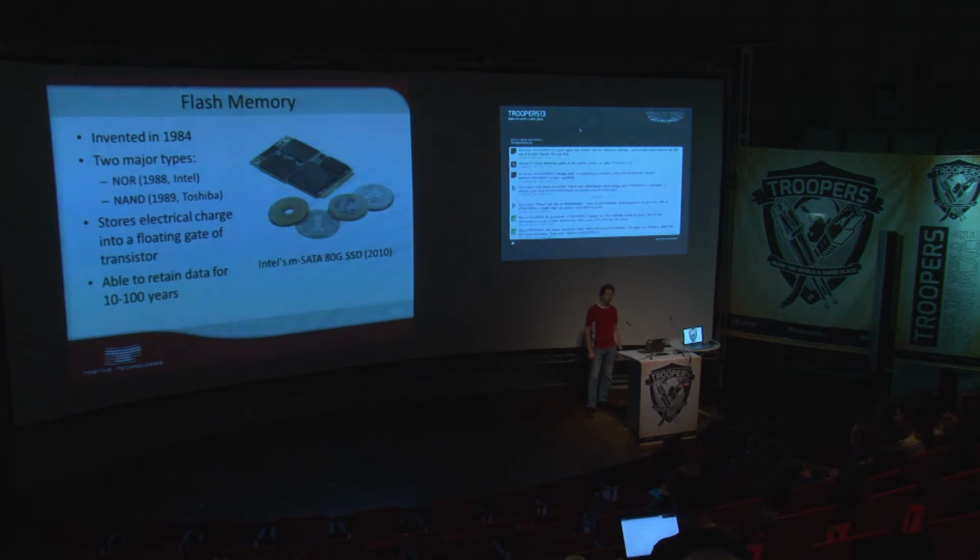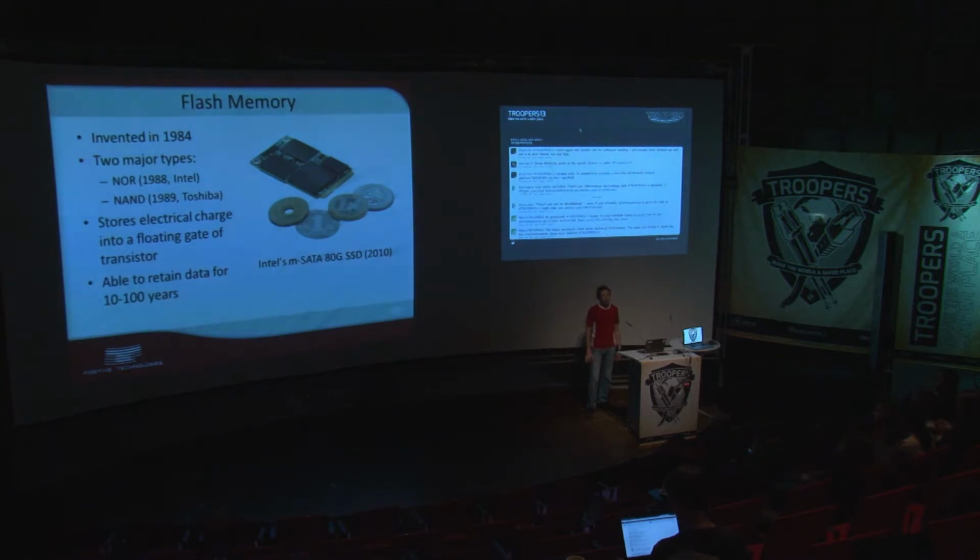They have two types of memory, NOR and NAND, based on two different types of logical elements, not OR and not AND. But actually, there is not a big difference between them in view of my presentation.